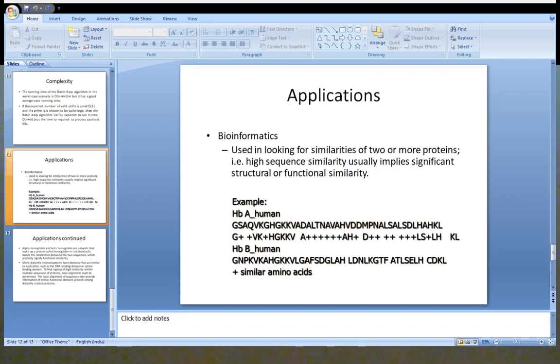Now the application of the Rabin-Karp algorithm. It is used in genetics, for looking at the similarity of two or more proteins. For example, high sequence similarity usually implies significant structural or functional similarity.